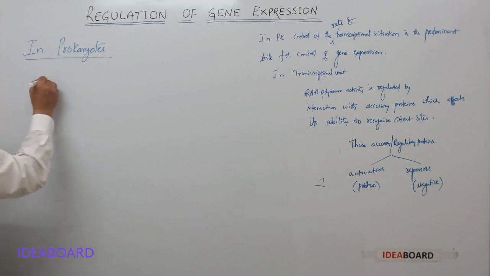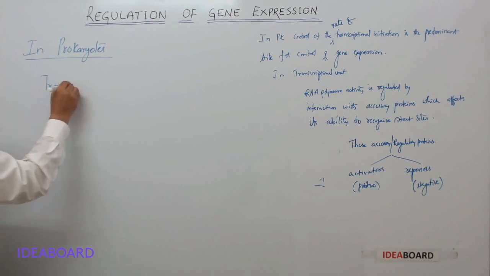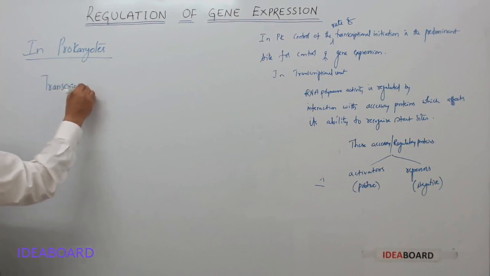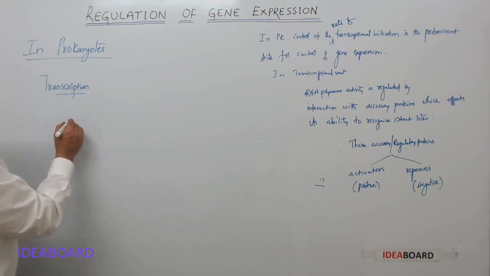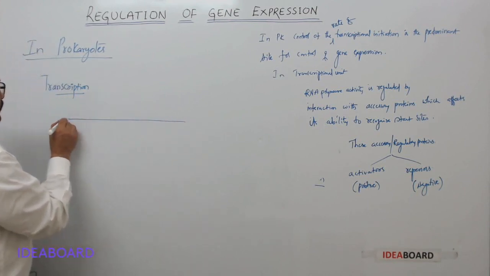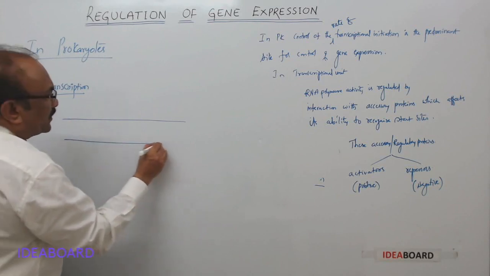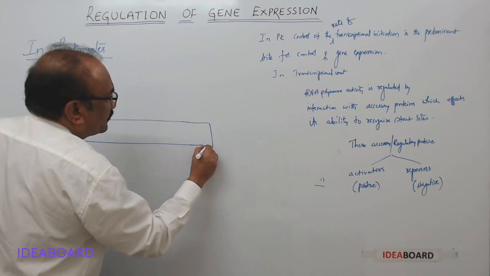So that means at transcription level only, the gene expression is regulated. This is because in the transcriptional unit, you know that the transcriptional unit will have 3 parts.